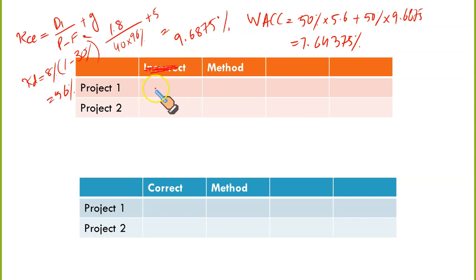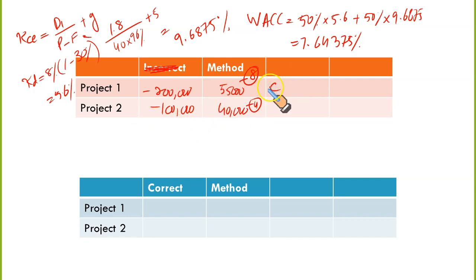So first, we have 200,000 outflow and there are 55,000 inflows in each of the next 8 years. Second project, 100,000 outflow and there are 40,000 inflows in the next 4 years. And I'm sure you know what to do. You will use your financial calculator.